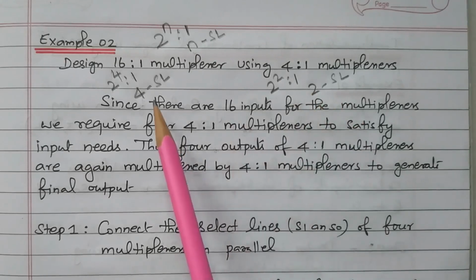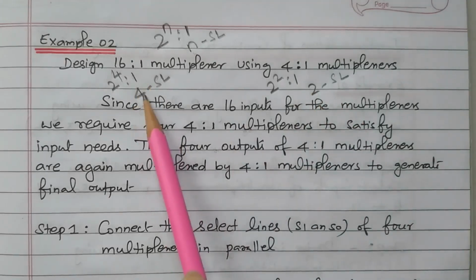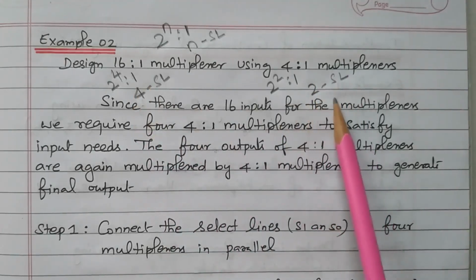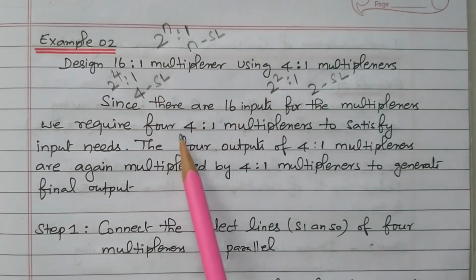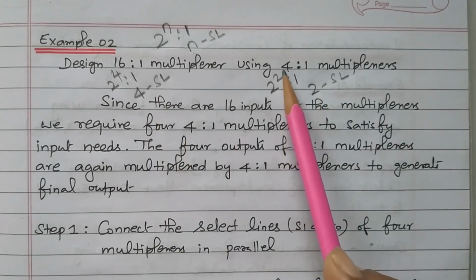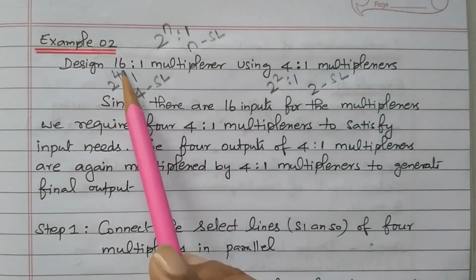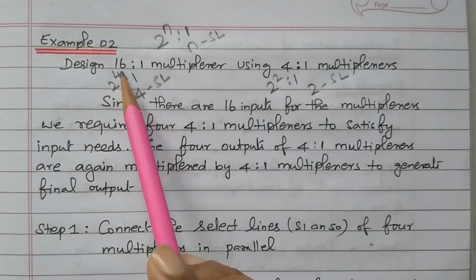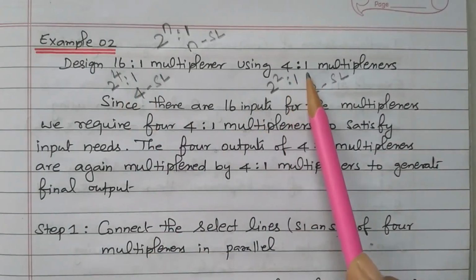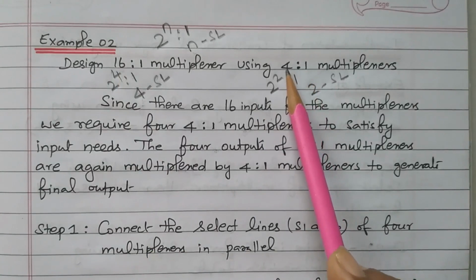Now we will see how to connect these 4 selection lines with these 2 selection lines. Here we need only 2 selection lines, but 4 selection lines are available, and also here 4 inputs, but we have 16 inputs available. We need to connect 16 inputs, but a 4:1 multiplexer has only 4 inputs.